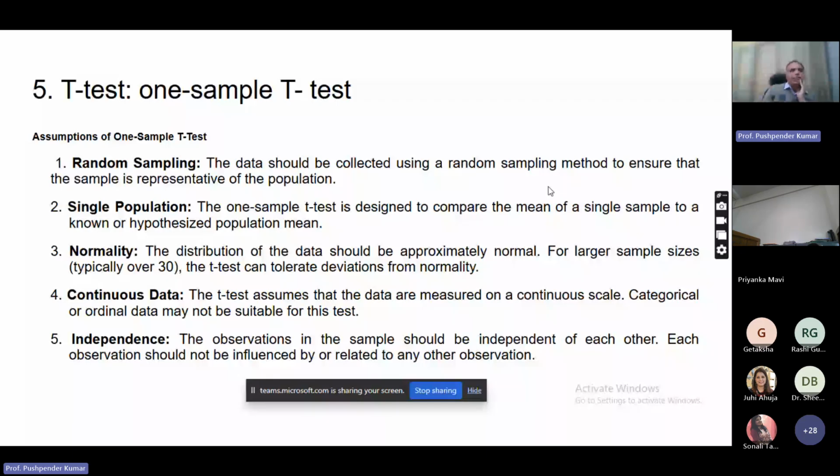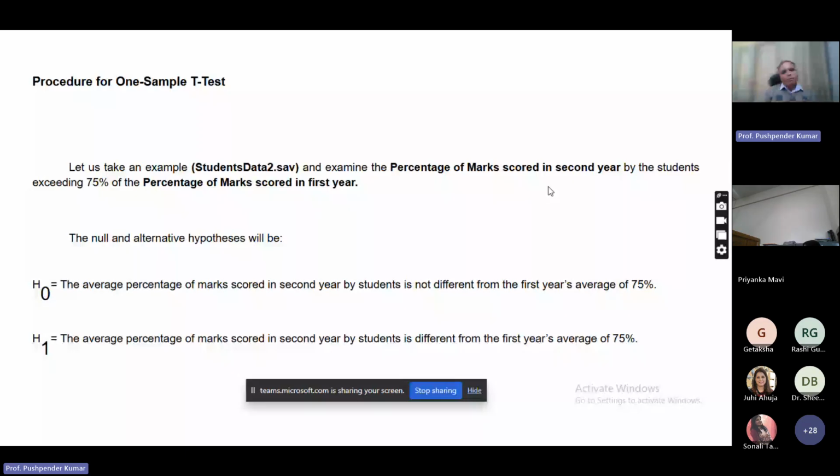Okay, so I'm taking an example from maybe the same data I had, the percentage of mass score in the second year by the student. Now pay attention, everybody. What is the hypothesis? What is the claim? The claim is that the average percentage of mass score in the second year by the student is different from the first year average of 75.